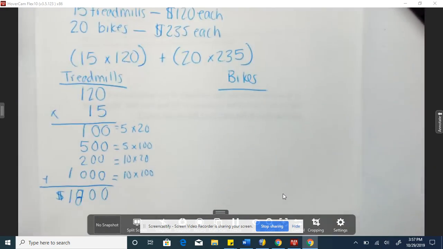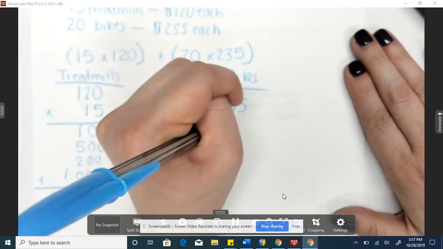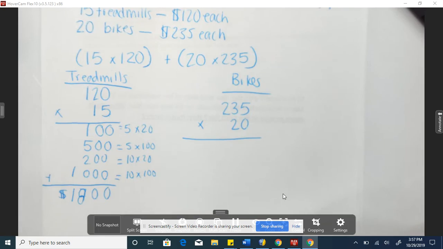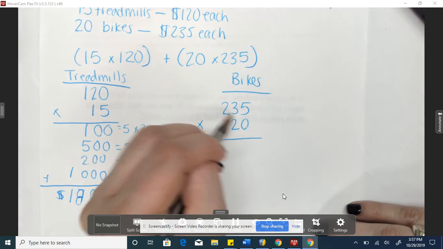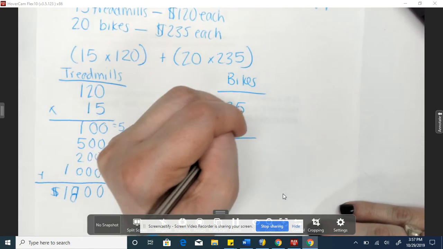Okay. So for the bikes, I need to multiply 235 times 20. Okay. So there's a 0 in the ones place. So I'm going to start with 2 times 5.